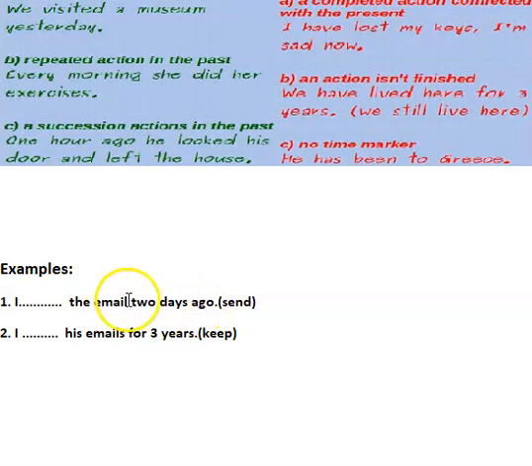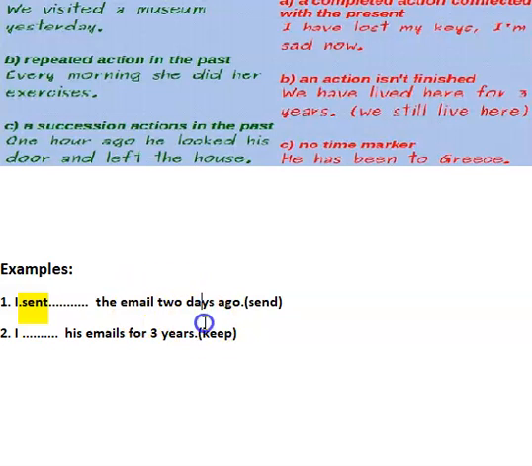So if I take a look at 2 days ago, it's a specific point of time, so it's not present perfect. So I have to use simple past. The verb 2, simple past, so I'm going to say here sent. This is the correct form.